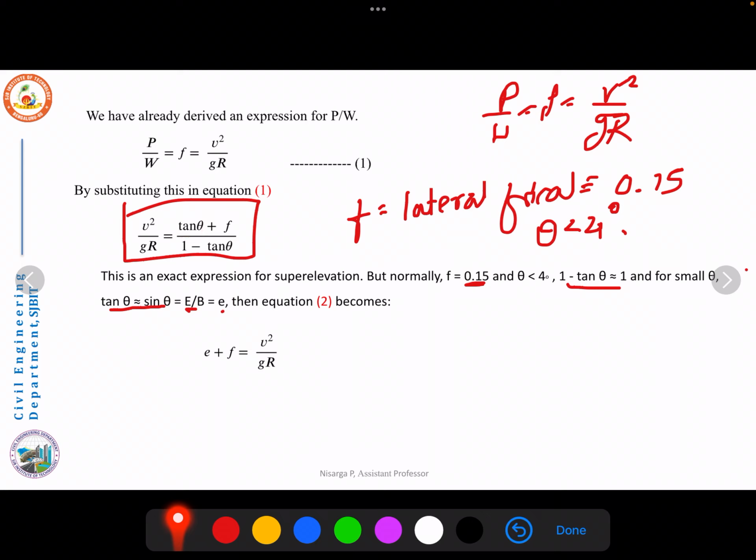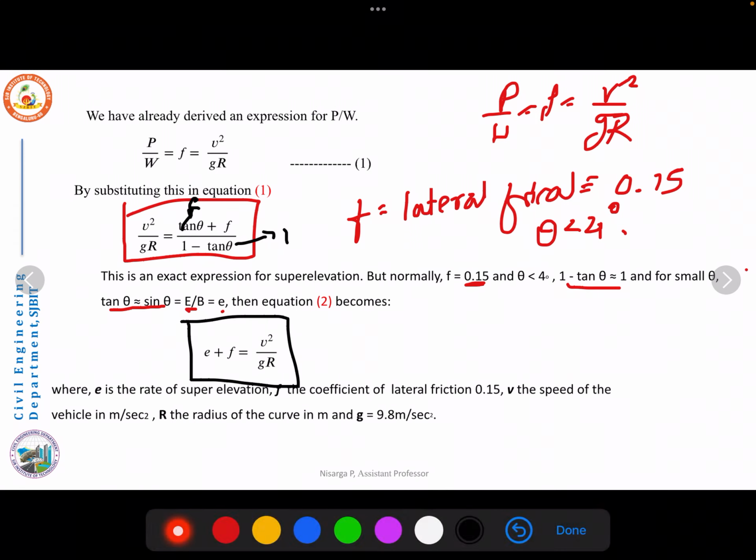So E plus F, the denominator becomes 1, and tan theta is converted to E. So E plus F will be equal to V square by gR. This is the expression for super elevation design.